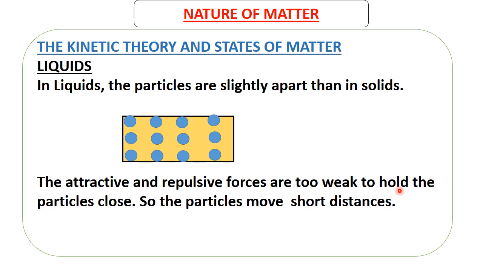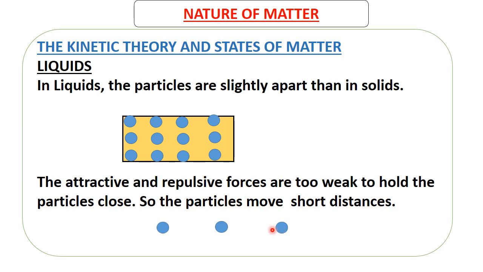What this means is if we have 2 particles like this, the forces in between them are too weak. So the particles can move, but not that much. Let's make the same assumption as we did before, that the type of force between these two is attractive. So this will be attracted to this, but because the force is weak, it will move a bit, not that much.